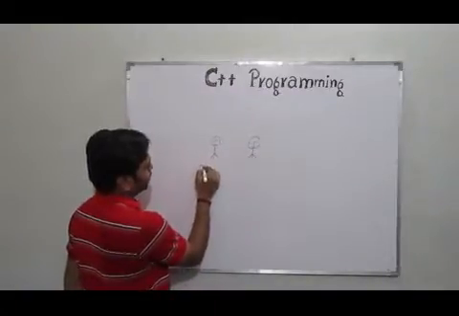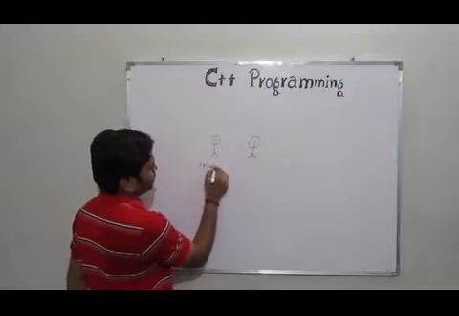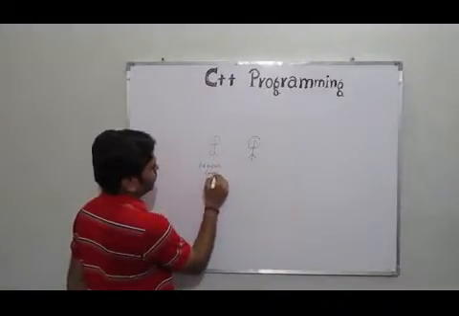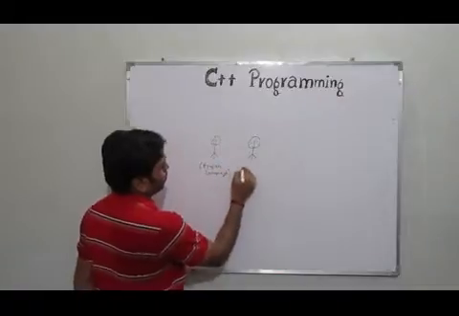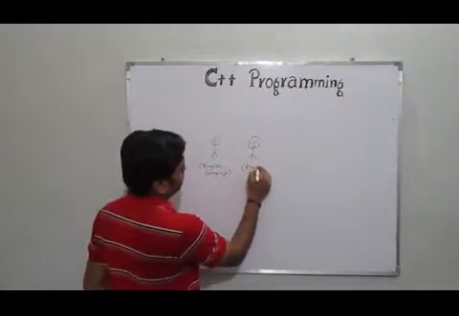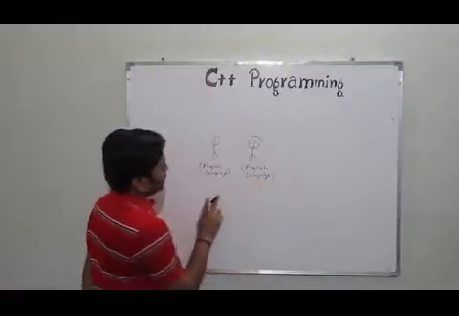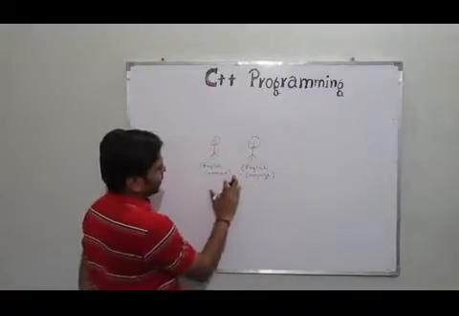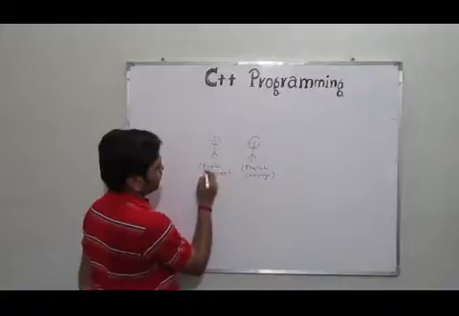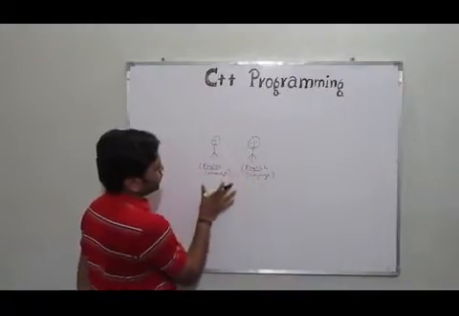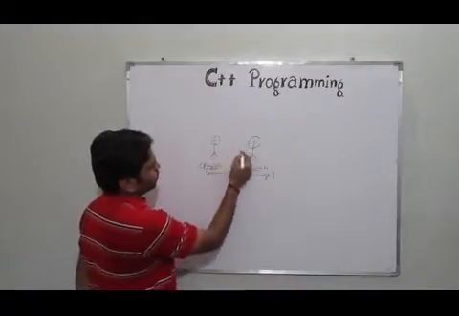Suppose they both know the English language. Since the medium of language between the two persons is common, English, it is very easy for them to communicate with each other.